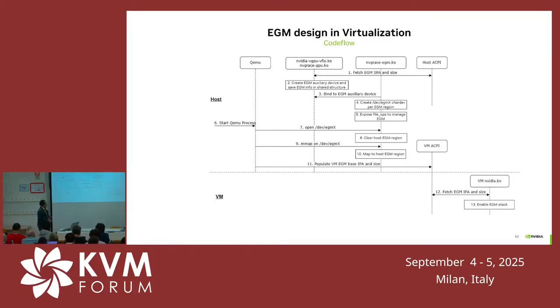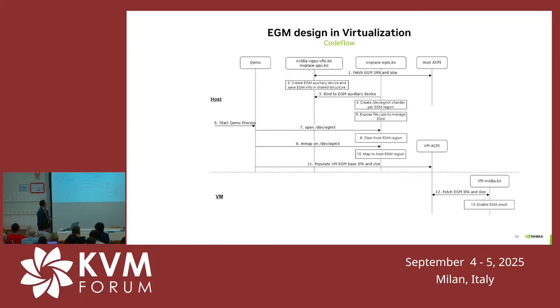So it would try to do an open, and that would result in the request landing in the NVGrace EGM, which will clear the EGM region that is assigned to the VM, because it is managing the EGM region, so before giving it to the VM, it must clear it. So that is what it does.